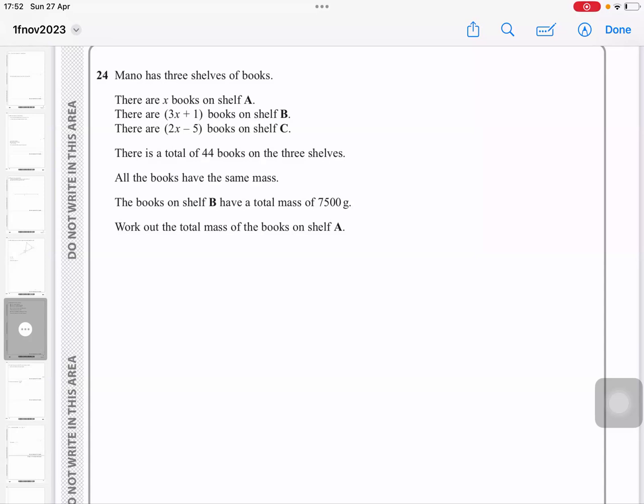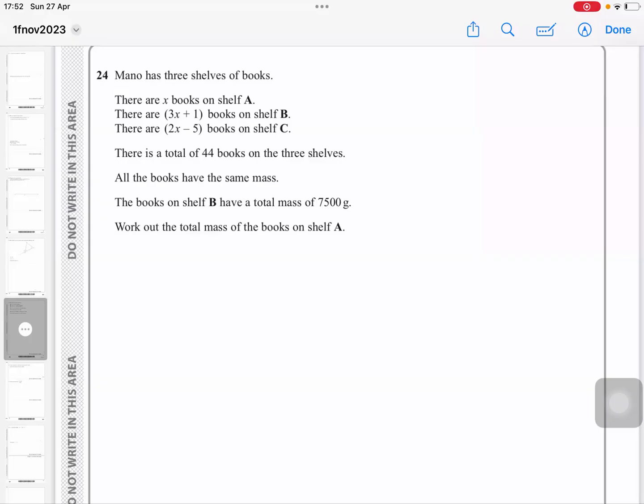So if I add up all that I have there in terms of X, I'm going to say all that is equal to 44. In that way, that will help me to find what X is and solve the rest of the question.